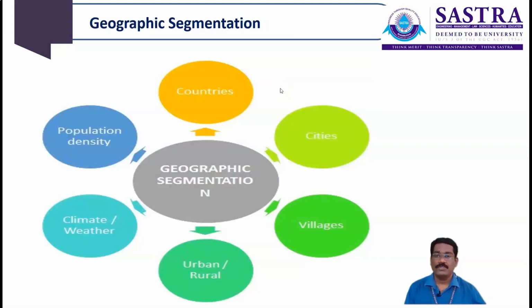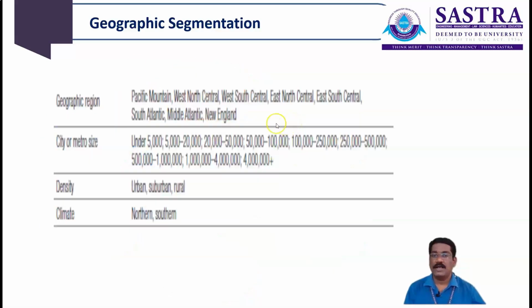So let's talk about geographic segmentation. As clearly given, geographic segmentation can be done using countries, cities, villages, urban or rural, climate, population density, all these factors. Let us see how geographic segmentation is done.